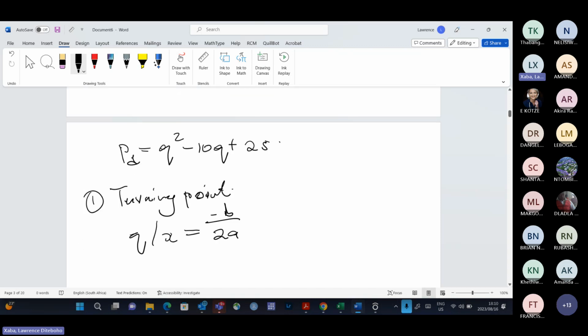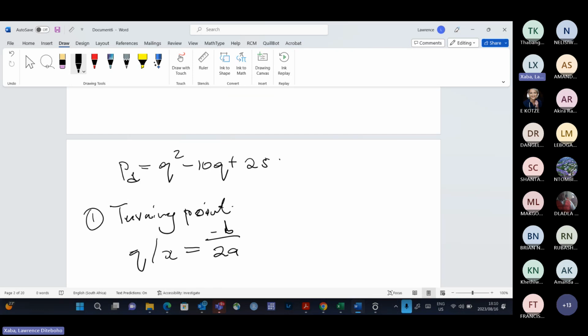So we look at the information. Remember, I said from this equation, it's like this: AX squared plus BX plus C.